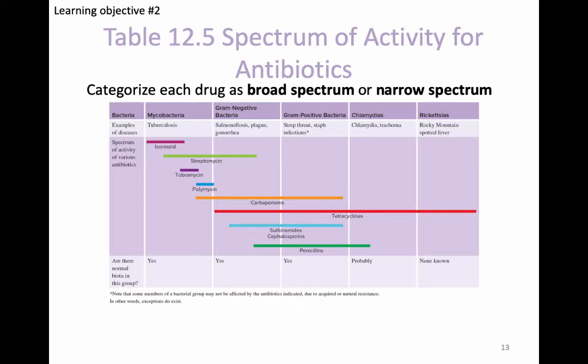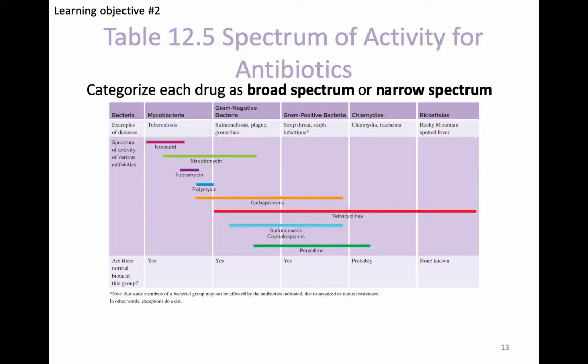So the line for tetracycline indicates that this antimicrobial is effective against gram-negative, gram-positive, chlamydia, and rickettsia groups of microorganisms. A drug with very narrow spectrum of activity would be tobramycin or polymyxin. Both of these are effective only against mycobacteria, maybe slightly against gram-negative bacteria.